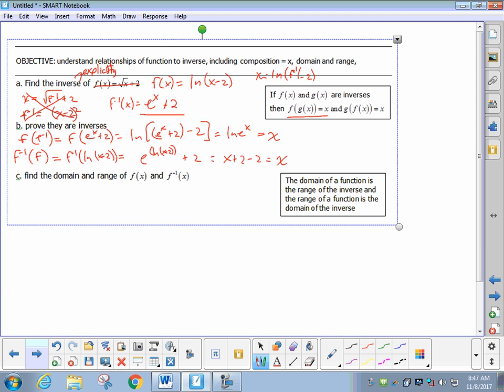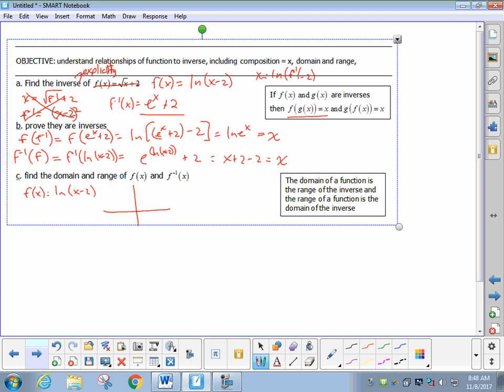Last, find the domain and range of f and f inverse. So for f of x, let's look graphically. What's the graph of the natural log function, and then what is the 2? Takes the natural log function, which looks like this.